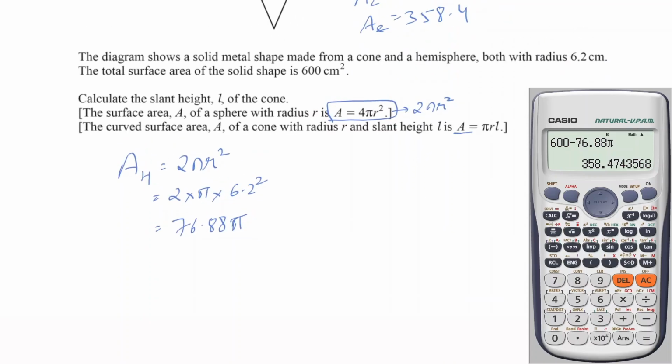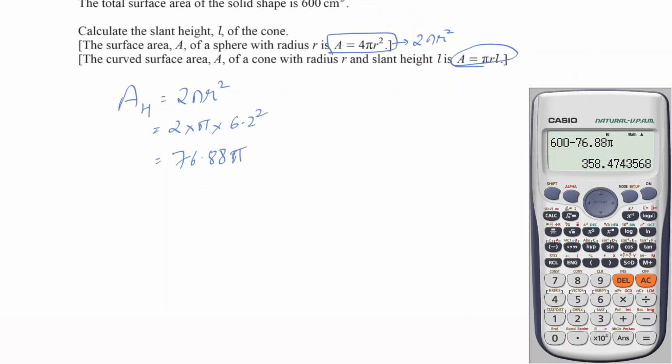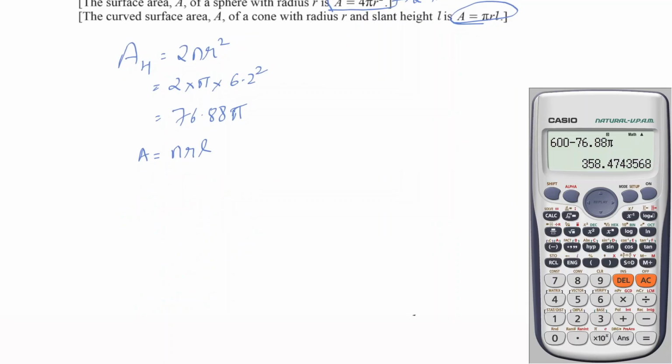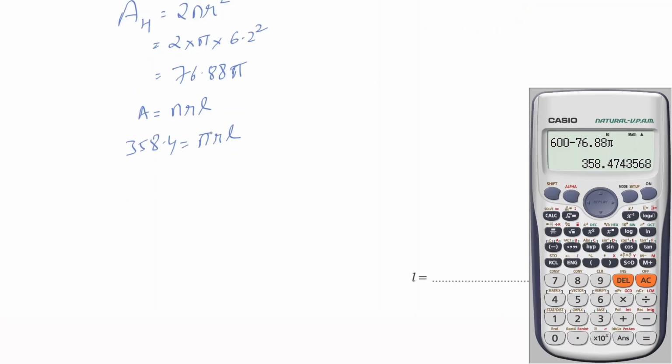Now the area of cone formula is also given. Curved surface area of cone is pi r L. Area of cone we got as 358.4, so 358.4 will be equal to pi r L. We need to find the value of L. So L will be equal to 358.4 divided by pi r, because by cross multiplication, pi and r come down.